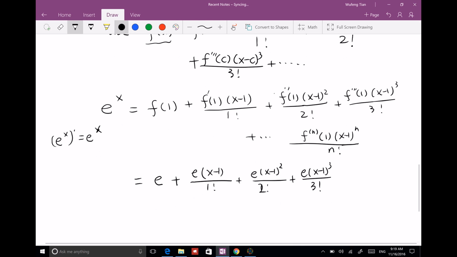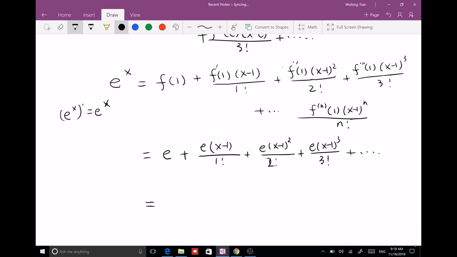So all of them have a common factor, which is e. I can take the e out. Then n from 0 to infinity, so this is 0, 1, 2, 3, 4. Actually, you can do 0 here, 0 factorial. So now I would like you to tell me what is the common series. Taylor, could you please tell me?